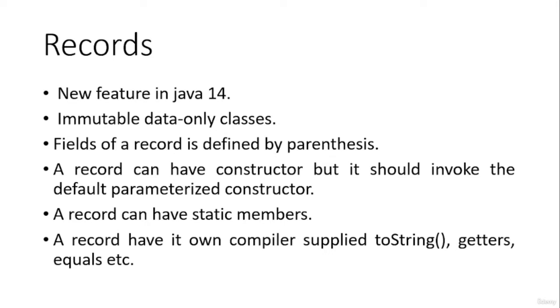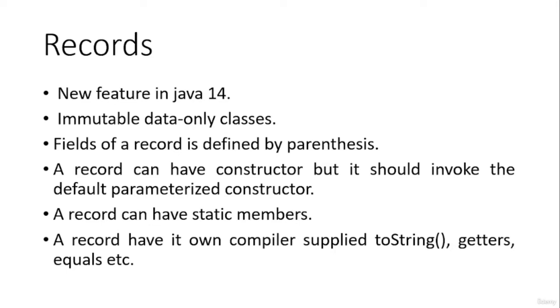A record is declared with the record keyword followed by parentheses, and inside the parentheses we declare each record field. After that, we can have constructors in the record, but they should all call the canonical constructor, or the default constructor for records, in order to initialize the object correctly.